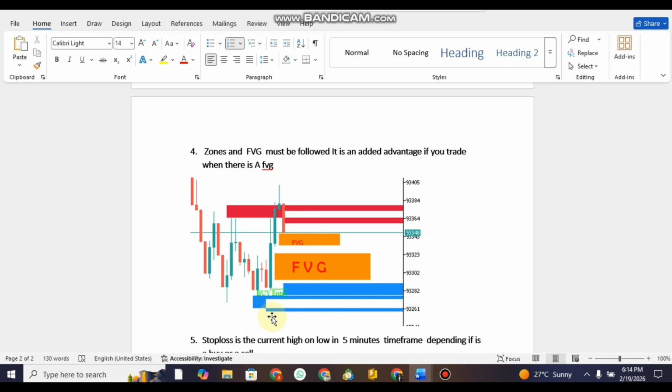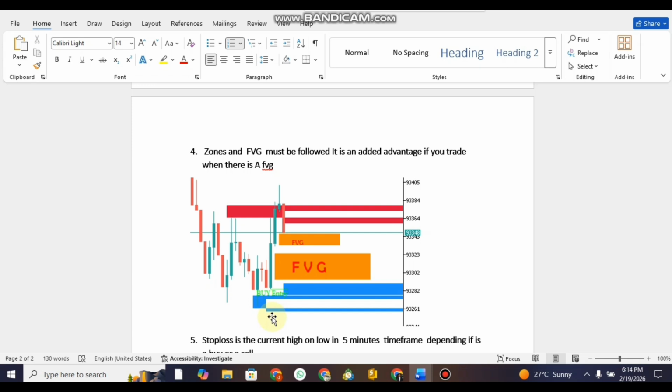So when there is a blue zone nearby, you do not take trades for boom and gain indices. You only take trades when either of these 2 conditions is true.